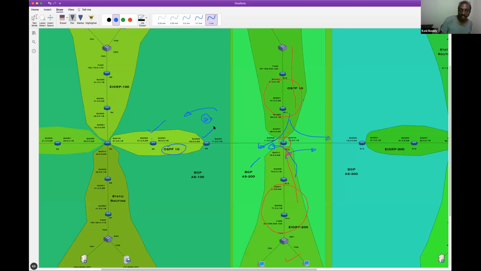I should now go to R9, say what? BGP into OSPF. Ask it to redistribute the BGP 100 routes on R9. So I go to R9.